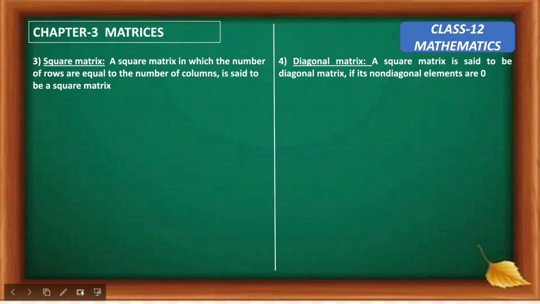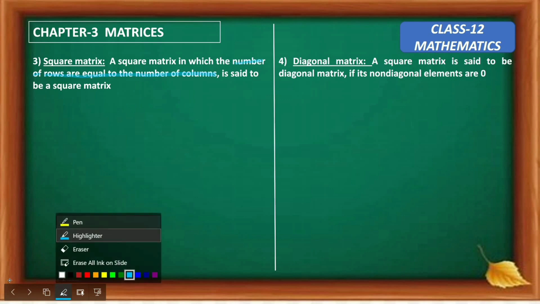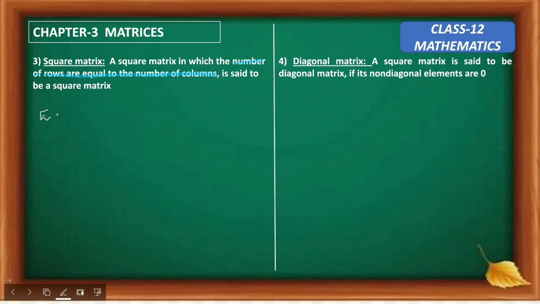Then the next type of matrix is the square matrix. A square matrix is one in which the number of rows is equal to the number of columns. One example. A equal to 2, 4, 8, 3.